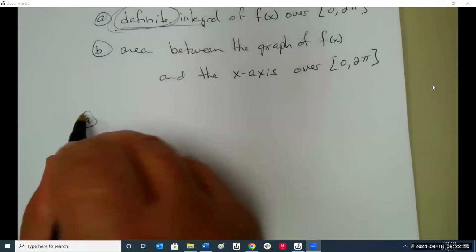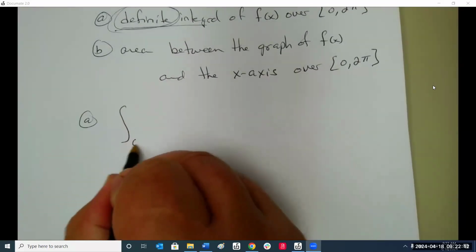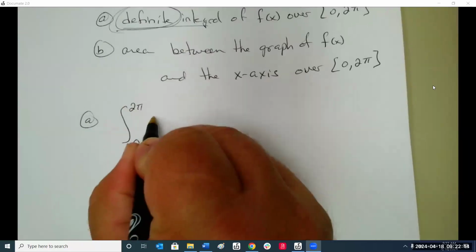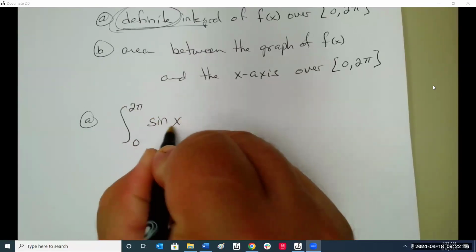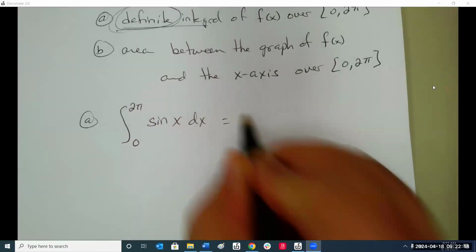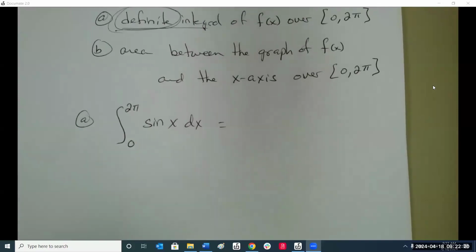So for part a, take the definite integral from 0 to 2 pi of sine x dx. It didn't tell us to do anything else. Just take the integral of it. So what's the integral of sine x?